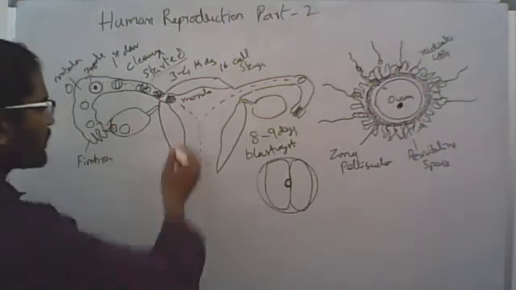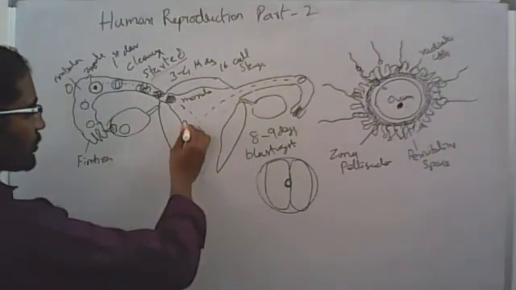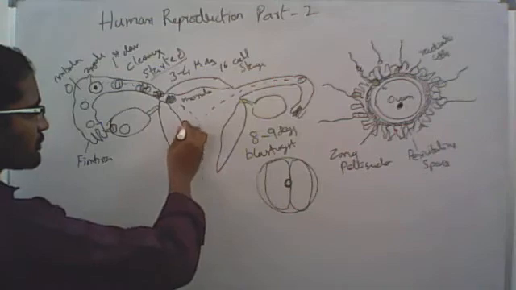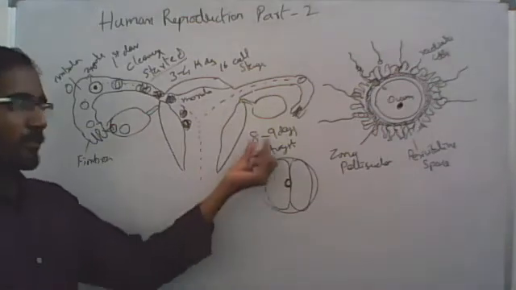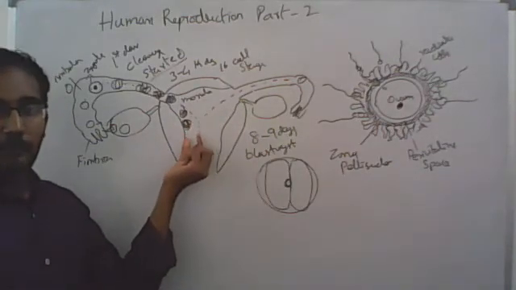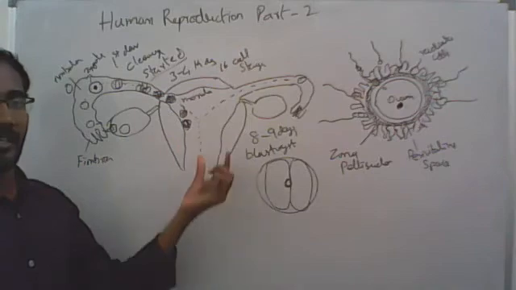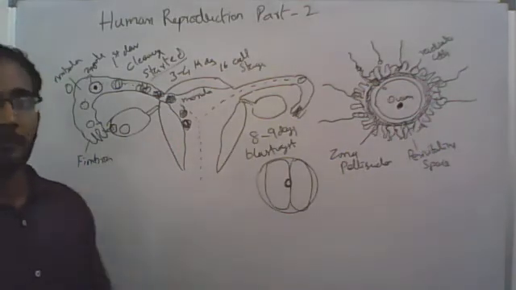At that time it is ready to implant into the endometrium layer. So the blastocyst is formed in 8 to 9 days and then gets implanted in the endometrium layer. How does it implant, sir?